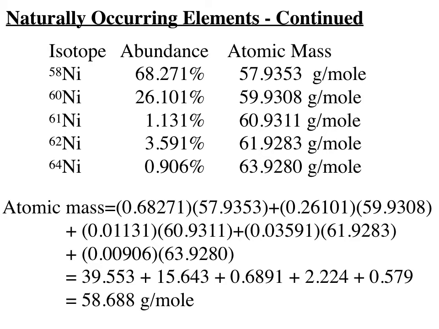Again, this is one of the reasons why nickel cannot be reported to a high degree of significance, because of this large number of isotopes and their slightly varying abundances depending on where you happen to mine the nickel. You should practice this one by yourself. I would say cover up the answer, work it out yourself, and make sure that you can come to the conclusion of 58.688 gram per mole for naturally occurring nickel.